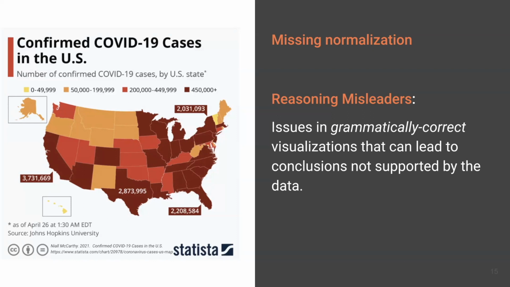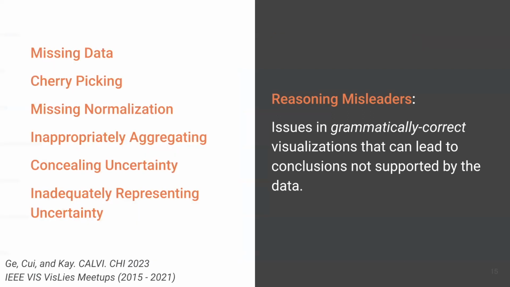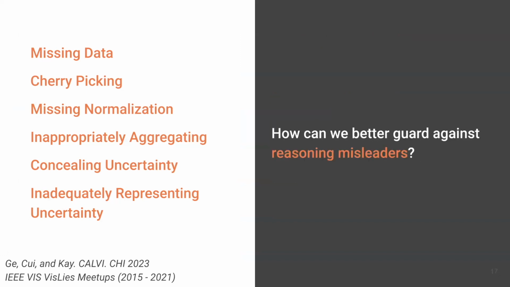Missing normalization, though, is not the only issue in this set. We identified 6 relevant issues that we deem reasoning misleaders from prior work, which is driving our overarching question of how can we better guard against these reasoning misleaders. This set of issues are part of our framework, which I will go through in a few slides.